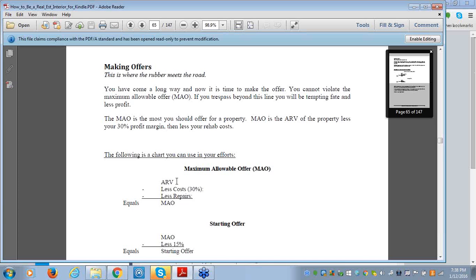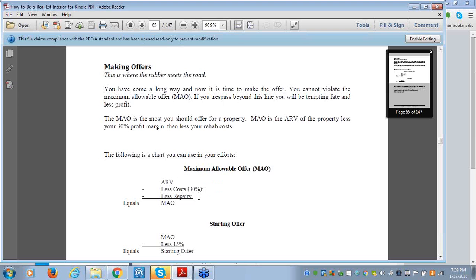We always want 20% profit. So 30% times $300,000 is $90,000. We cannot spend more than $210,000 on this property. So ARV is $300,000 less 30% cost, that's $210,000.